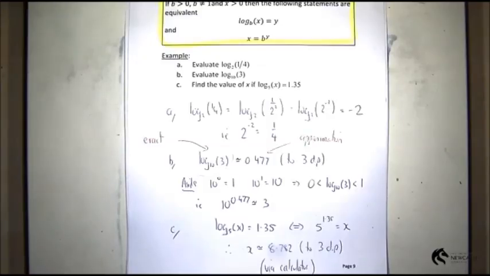But the ln button is your log to the base e. It's the natural logarithm. So ln x is equivalent to log to the base e of x. So you should have a look on your calculator and make sure you can find the natural log button sitting there.